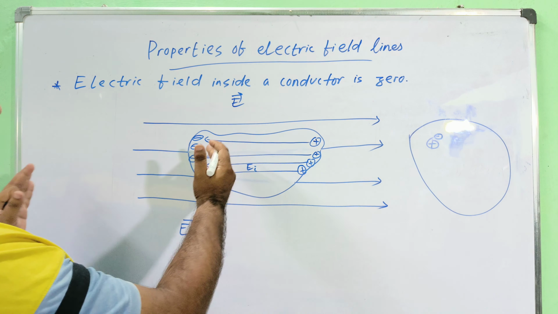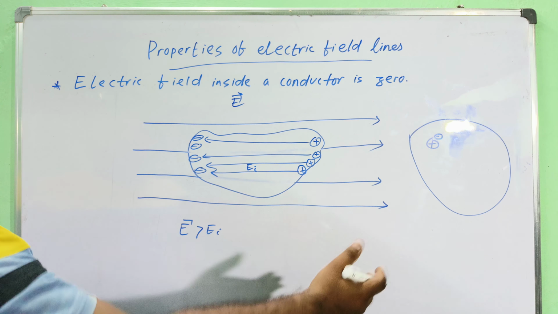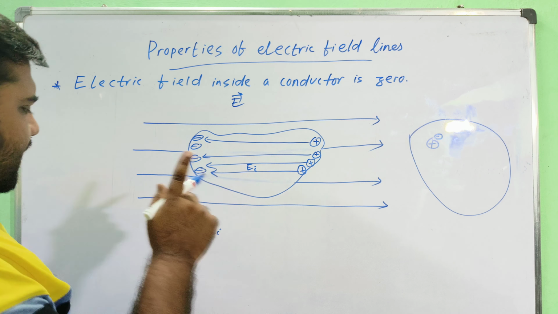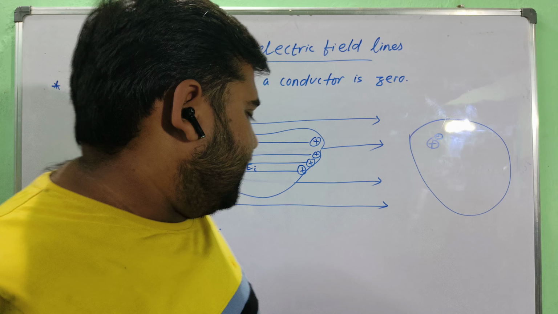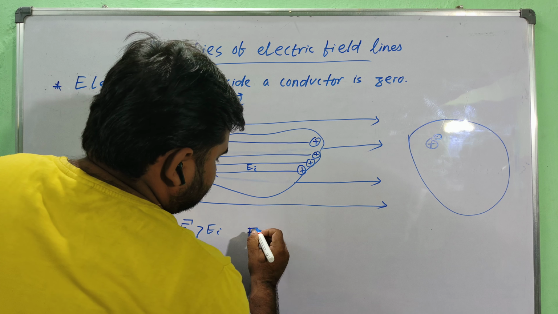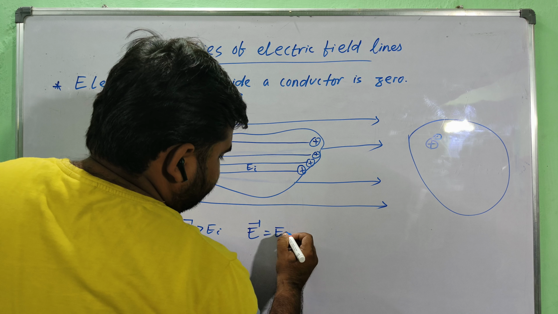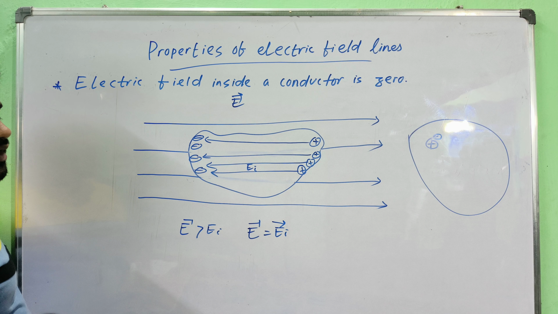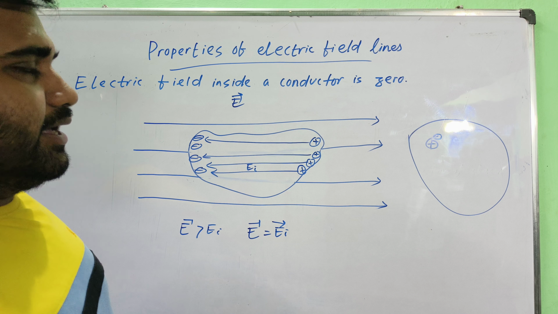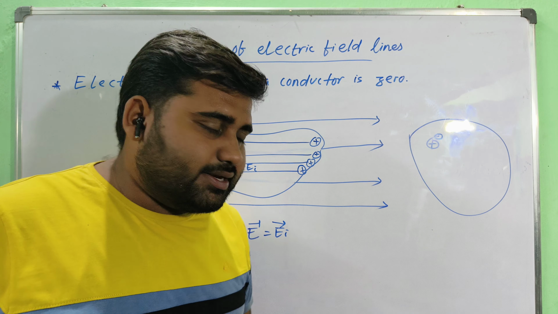Electrons will be gathered here and positive charges will be gathered to that side. But a moment will arrive when E external is equal to E internal. E external will become equal to E internal in magnitude but opposite in direction.